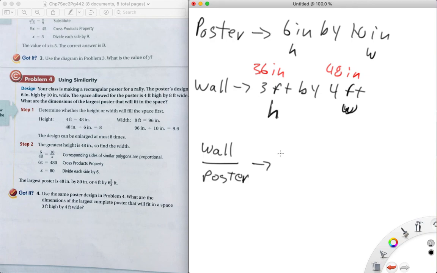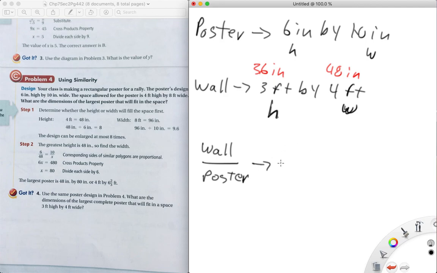So we've got to pick one that I can go into evenly. So we're going to select the 6 because 6 can go into 36 evenly. 6 can go into 48 evenly. 10 not so much. So we'll select 6 for my dimensions.